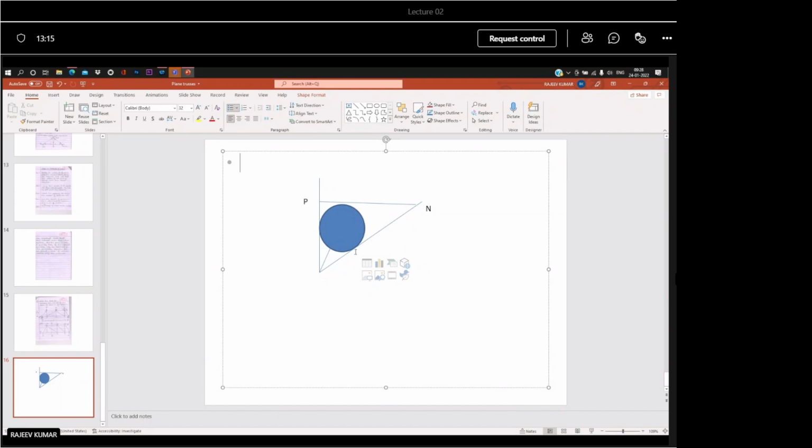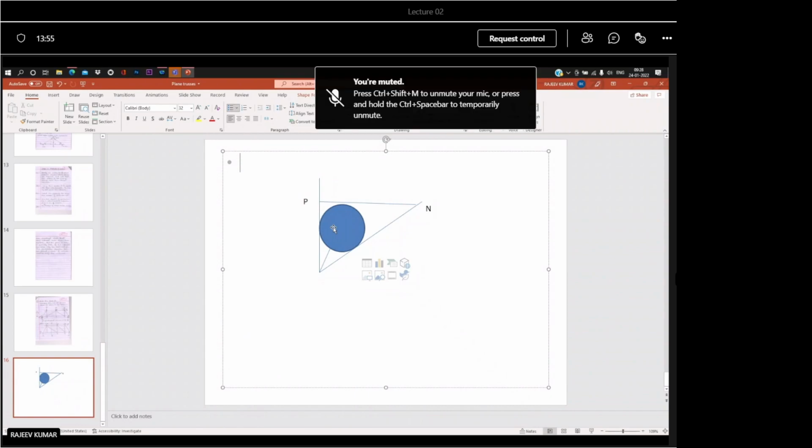A circular log of weight 1200 Newton and radius 18 centimeter is supported by a pair of brackets.